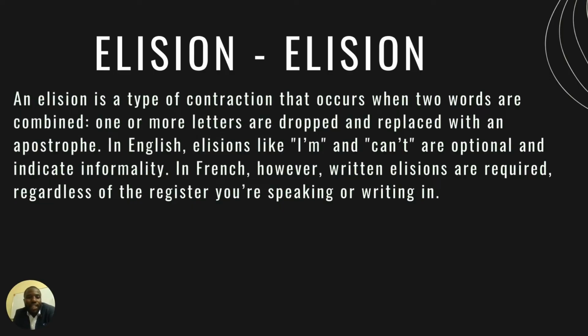So in English, elisions like I'm, can't are optional because you can literally say I am or I cannot. They are also optional and they indicate what? Informality. In French, however, written elisions are required, regardless of the register you're speaking or writing in. Meaning, in French, they are mandatory, despite the fact that it is a formal or informal conversation.